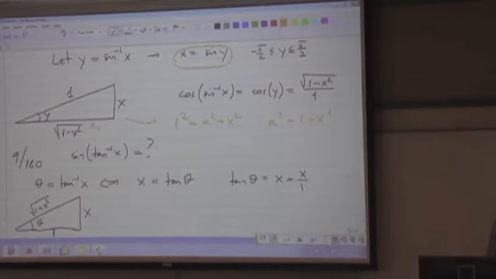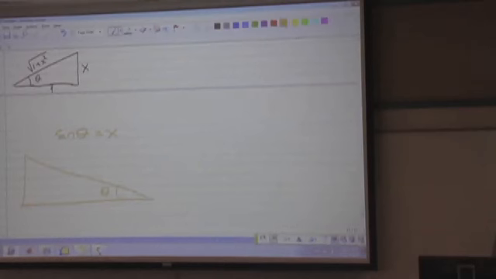Why not? Okay, so we have x equals sine of y, right? Yes. So, sine of theta is equal to x. If I draw my triangle, and I'll do it the other way, maybe it'll be more apparent. What is sine of theta telling me as far as my triangle is concerned?